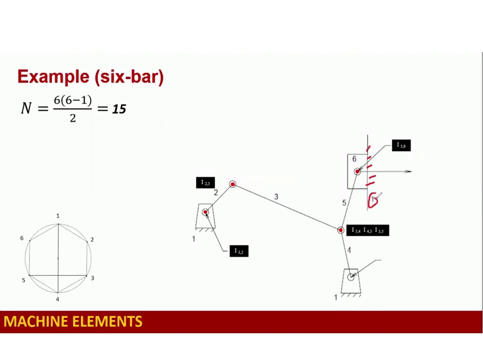So as you can see here, all the ground, they are numbered 1. So this is actually the center between the ground and point 6. So that's why it is at infinity. So between 6 and 1. And then the last one we have 1 and 4. So these are our instantaneous centers that we can locate by inspection.